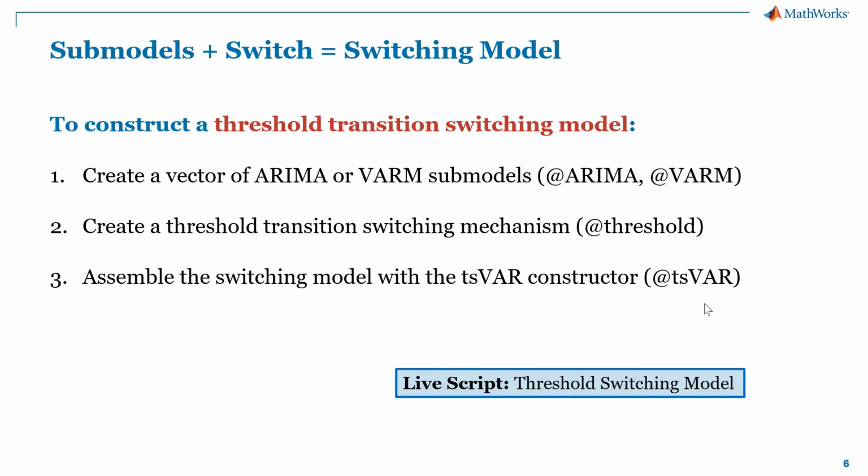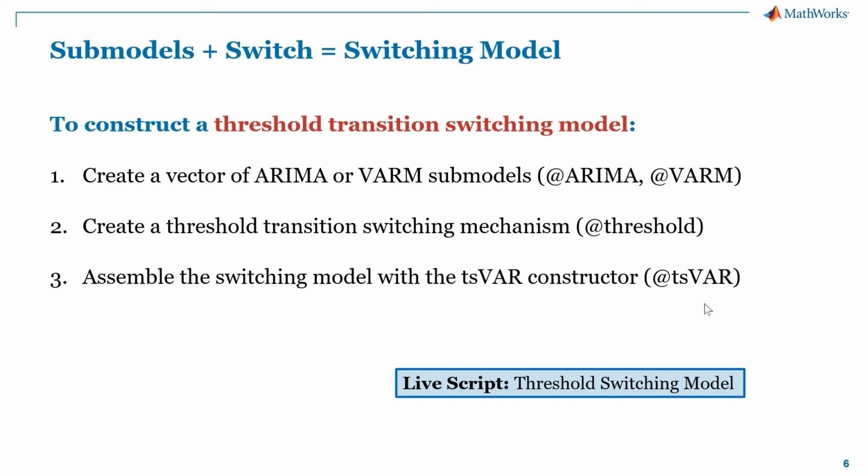And I'll say here just to highlight that this is by design, that the way that you work with the Markov switching models and the way that you work with the threshold switching models is very parallel. The interfaces for the different methods for constructing the models, estimating the models, and so forth are very much alike.